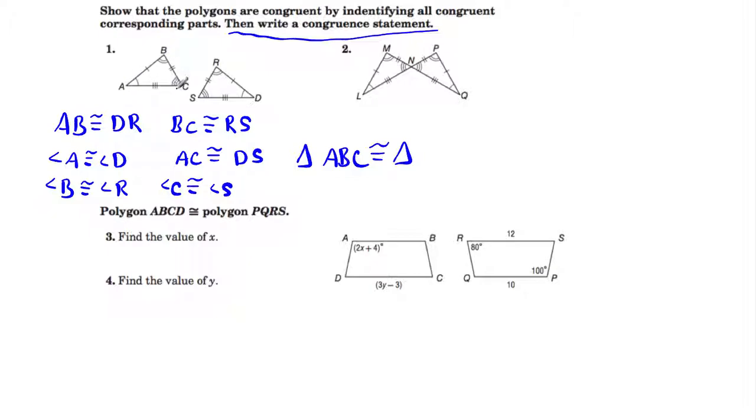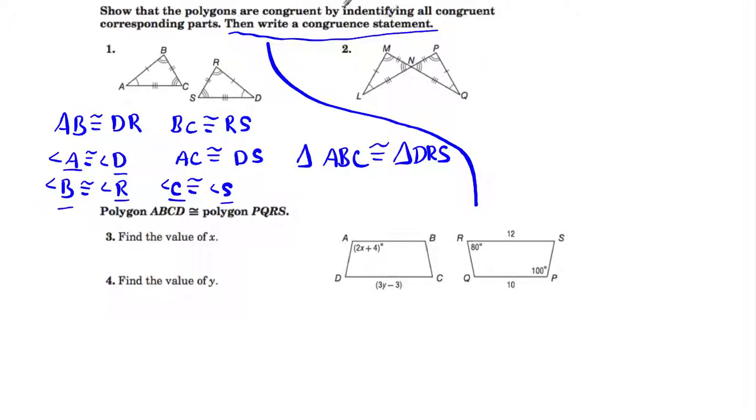So ABC, I need to go then DRS. DRS, and you can see that I'm going through congruent angles as well.